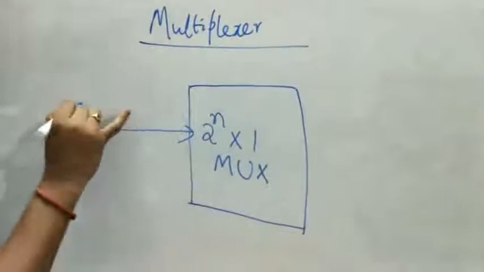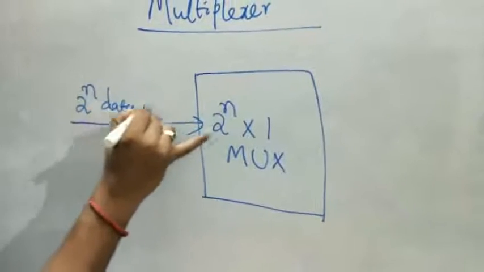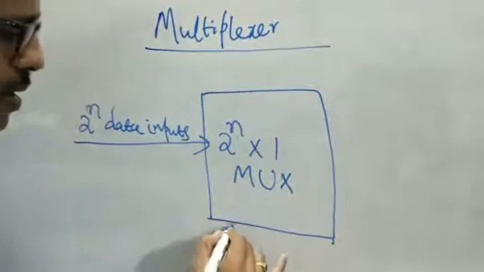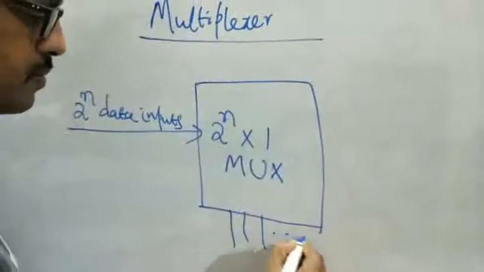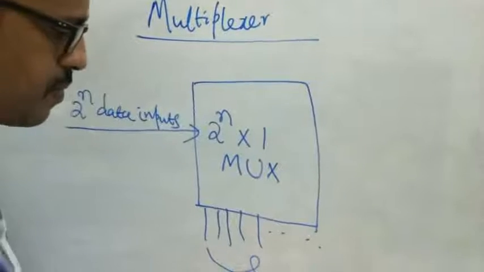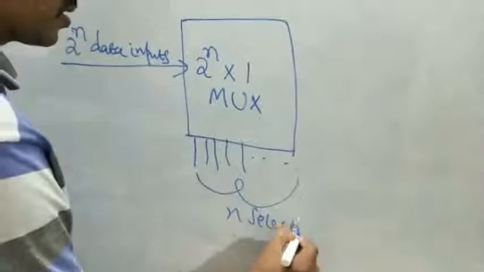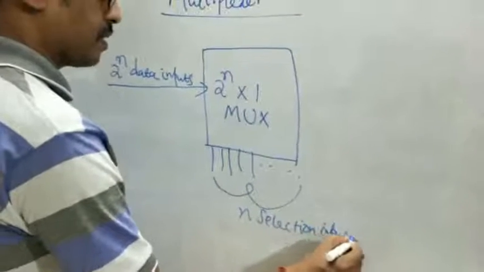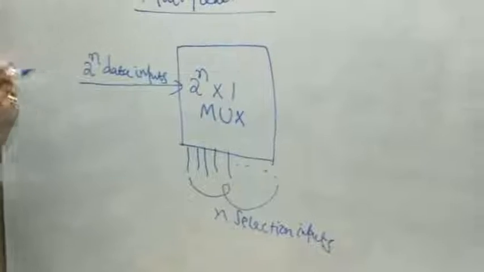It is going to take 2 power n data inputs and then n selection inputs. These selection inputs only decide the number of data inputs.